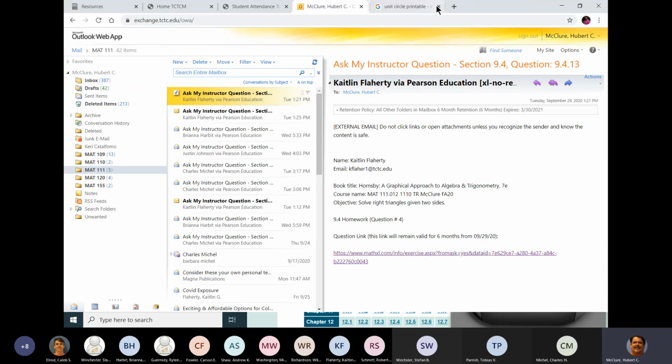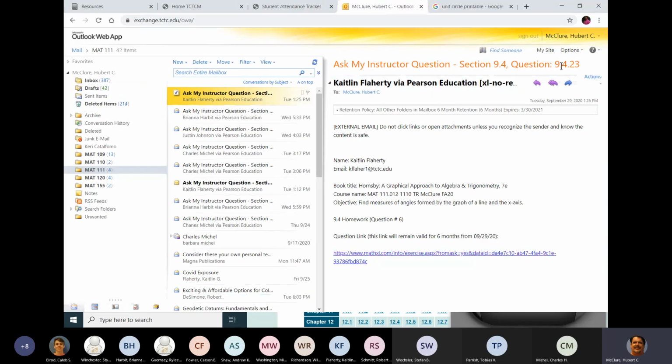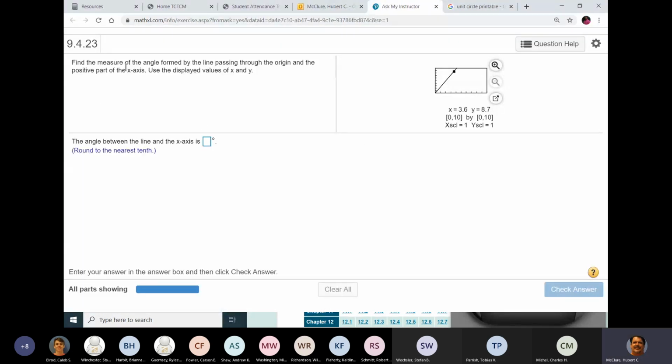And this is 9.4, problem 6. Find the measure of the angle formed by the line passing through the origin and the positive part of the x-axis used to display.